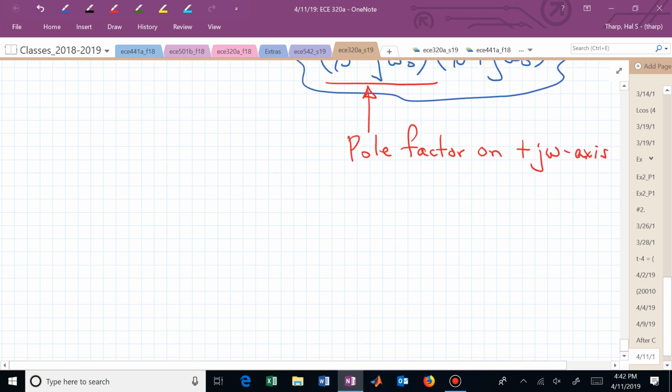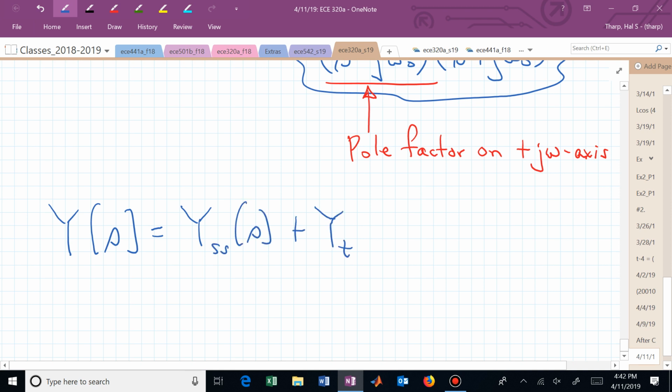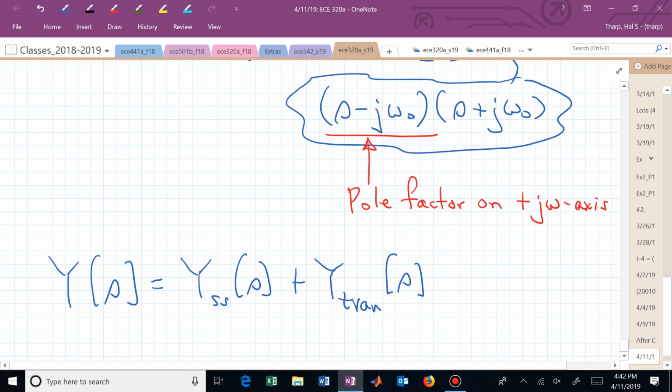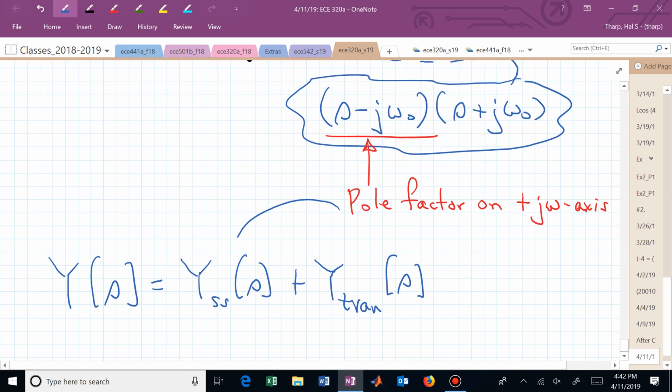So if we wrote y of s, the complete response, as y sinusoidal steady state of s plus y transient of s, do you see that this is coming from these poles?